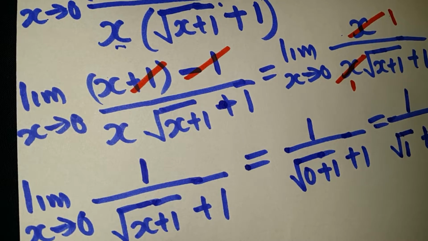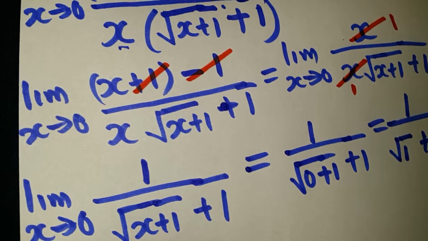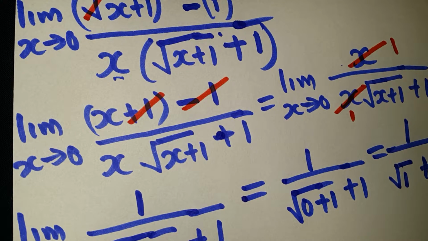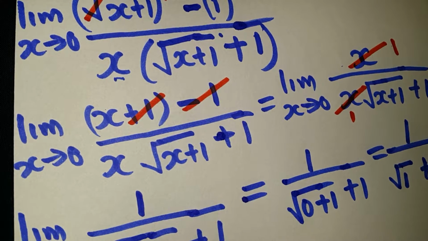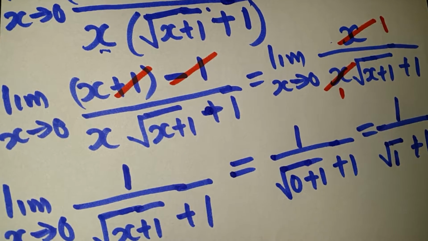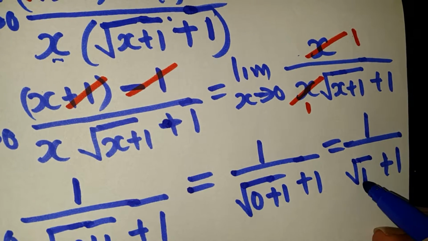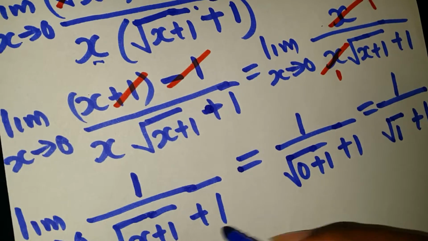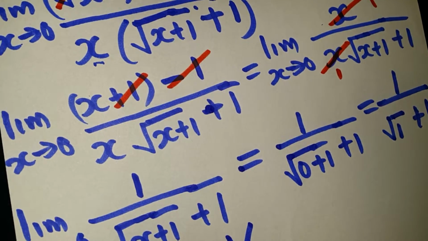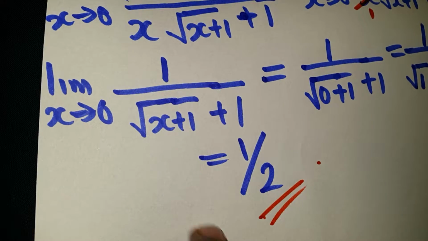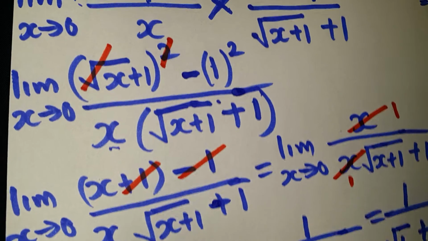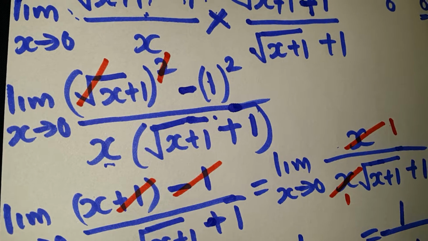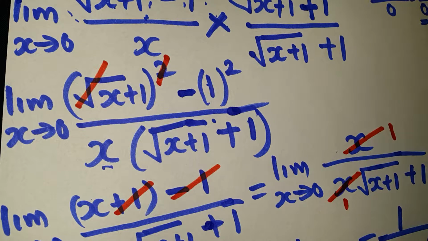So our final answer will be 1 divided by root 1, which is 1. So 1 plus 1, that is 2. So our final answer will be 1 over 2. So that's our answer. So that's the first example I have here. Then we'll be solving another example.